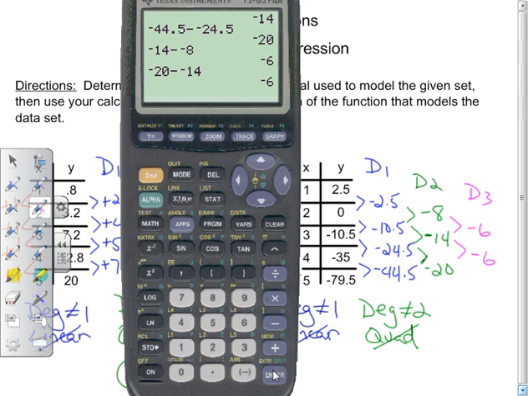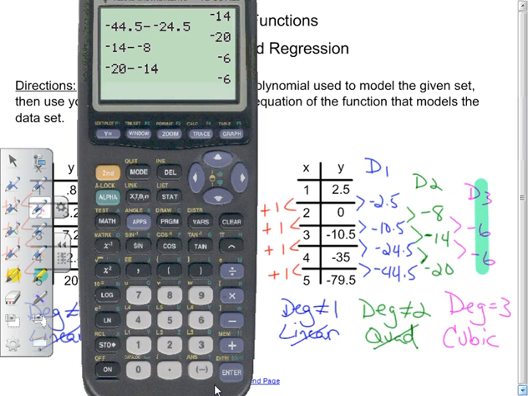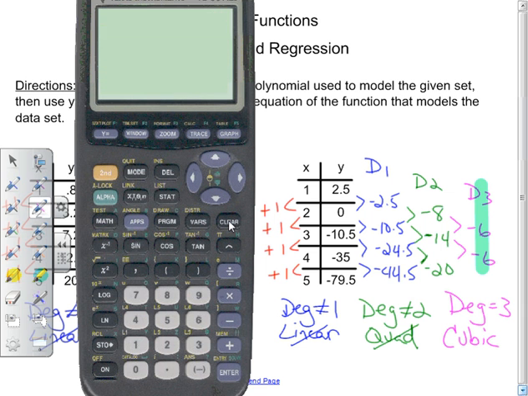Now, this is what we're looking for. We are seeing here that these differences are in fact constant. Even though there's only 2 of them, they are in fact constant still. So the degree will be equal to 3 that models this data set, which means we are looking for a cubic function.